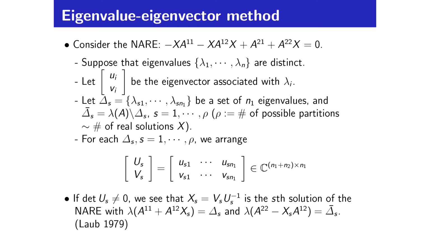So these are the eigenvectors associated with lambda i, and this is one set of eigenvalues. This is a complement, and S ranks go 1 to rho. Rho is the number of possible partitions, meaning realizable partitions, and this is, roughly speaking, the number of real solutions of this.